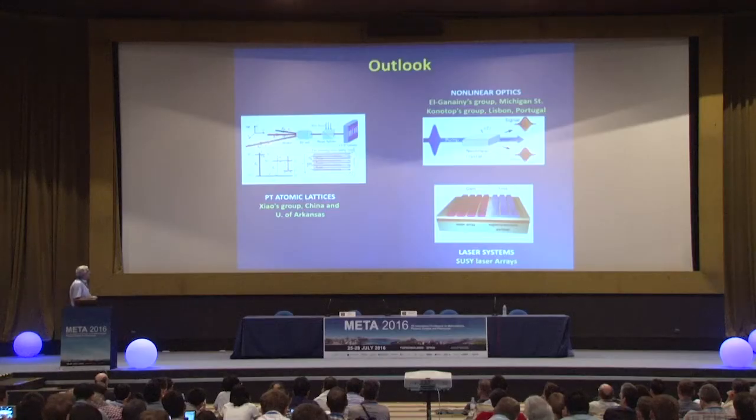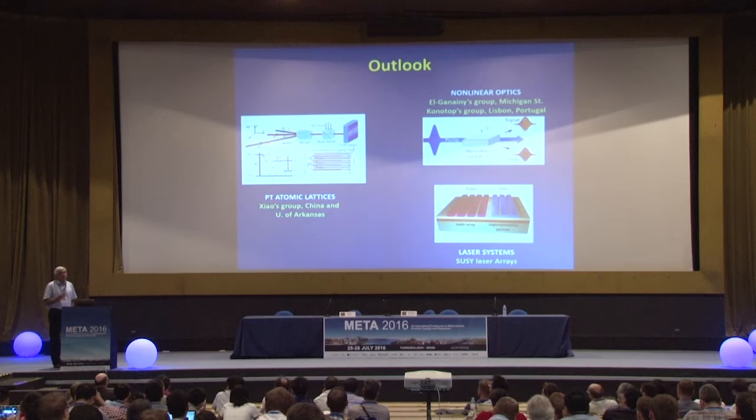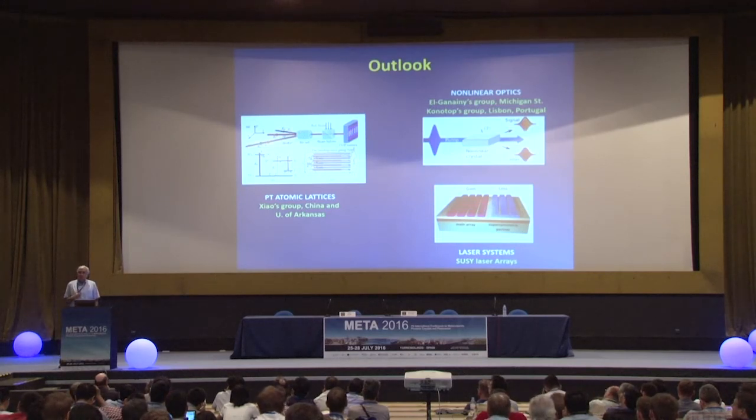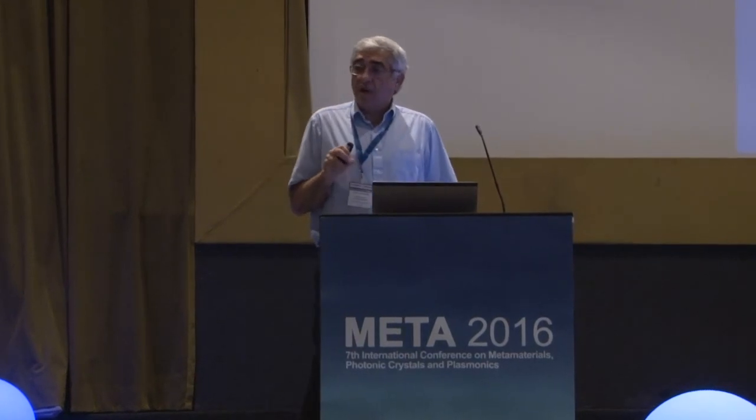So before I close my talk, I would like to say that the interplay between gain and loss is still an open issue. It's not well understood. And it will pay off, especially for the community here, if this synergy is exploited. For example, plasmonics is always an area where gain is needed.